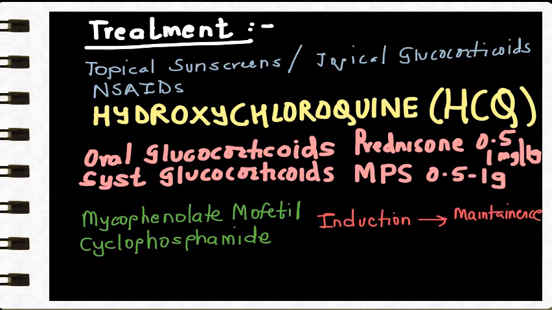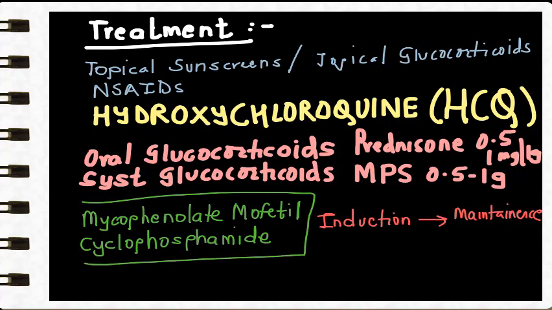For renal involvement or lupus nephritis, immunosuppressive drugs, mycophenolate mofetil or cyclophosphamide, given in an induction stage followed by a maintenance stage for months, will help in getting remission of the disease.